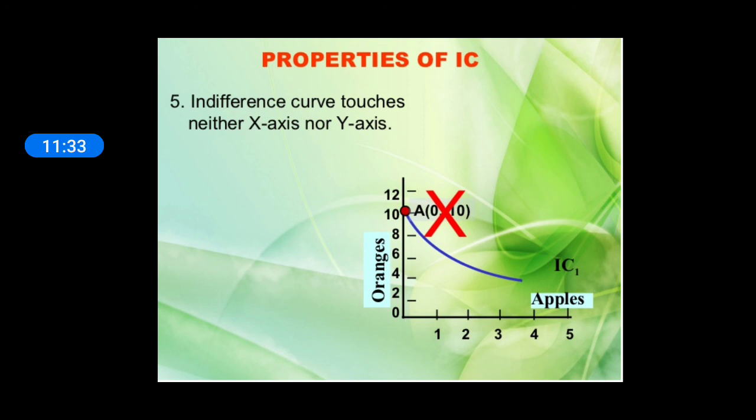Like in this diagram, when the indifference curve touches the y-axis, it shows that the consumer is consuming only 10 units of orange and his demand for apple is 0. So according to this diagram, the consumer is consuming only a single commodity, not two commodities. But an indifference curve never shows a single commodity, it shows a combination of two commodities. So it is wrong. Dear students, it does not touch the x-axis and does not touch the y-axis.